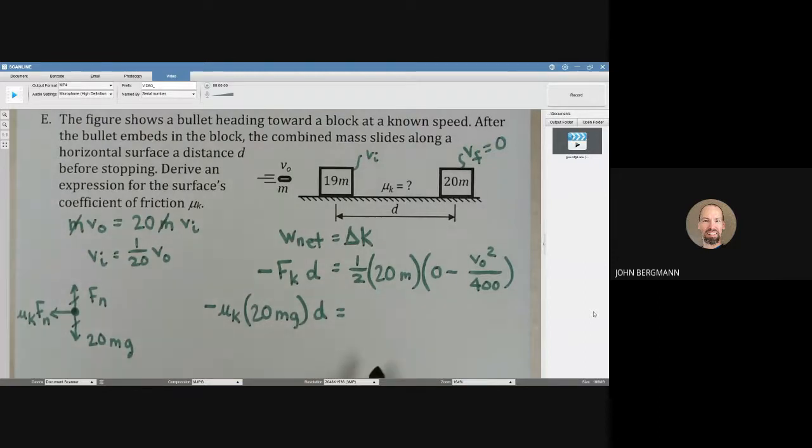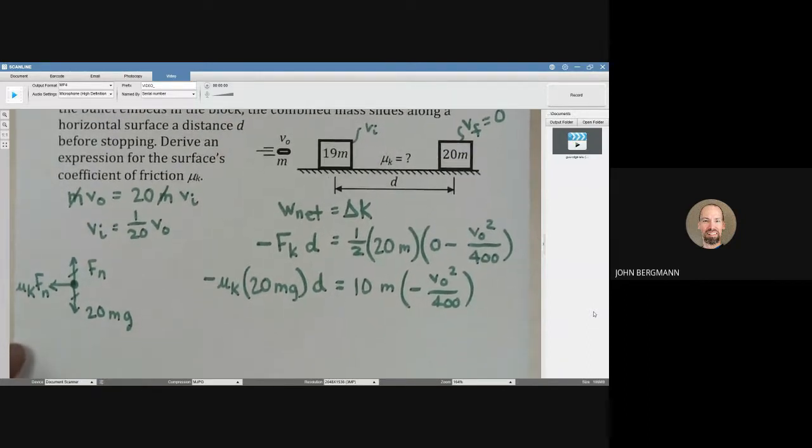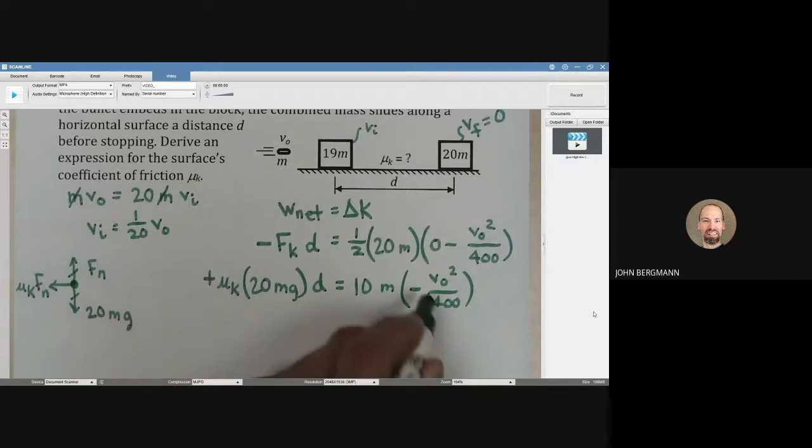So what do we get here? Let's simplify this a little bit. I'm seeing 10 m, and then this simplifies to be the opposite of V naught squared over 400. And we want to solve this for mu sub k. So let's see if we can do that. I'm seeing these negative signs cancel. I'm seeing the m cancel.